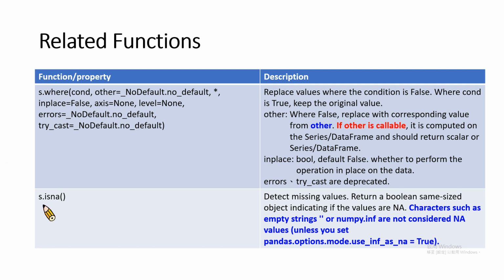And the next is isna. It is used to detect if there is any missing value in the series. It will return a Boolean series that indicates for each value if the value is missing or not.